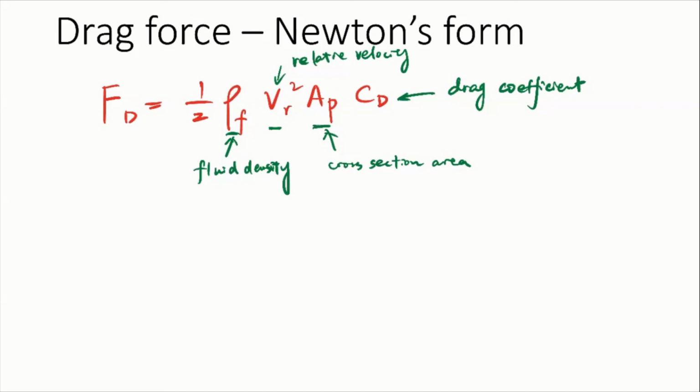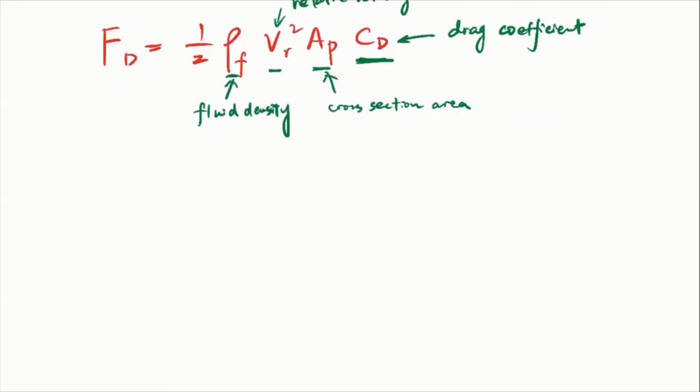That's why the drag force in water is going to be higher than in air. Also, the higher the relative velocity, the higher the drag force. We also mentioned that the drag coefficient is not a constant. It's a function of the Reynolds number.